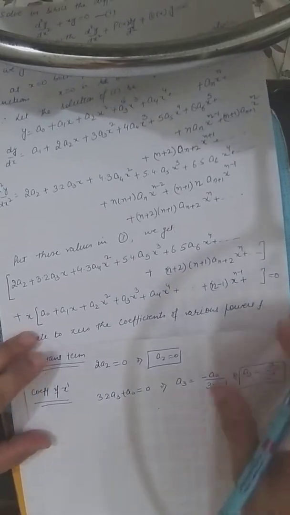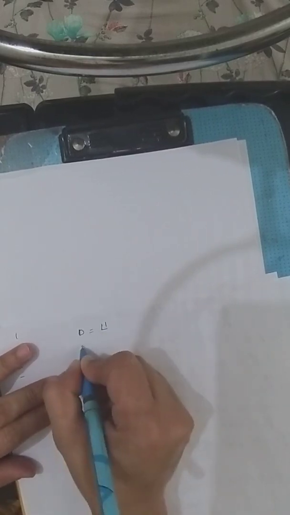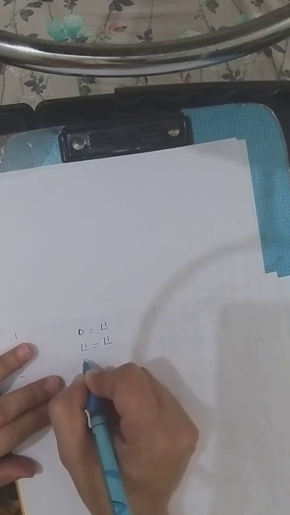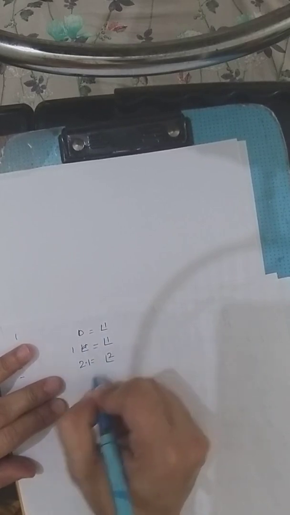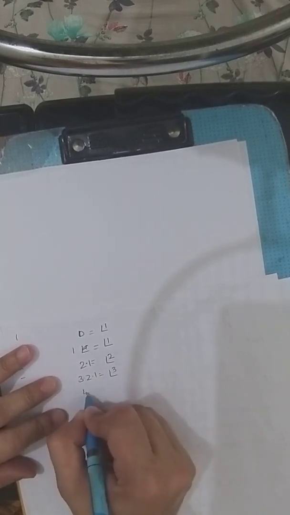Now I have to explain what a factorial is. First, 0 can be written as 1 factorial. 1 can be written as 1 factorial. 2·1 is 2 factorial. 3·2·1 is 3 factorial. 4·3·2·1 is 4 factorial.